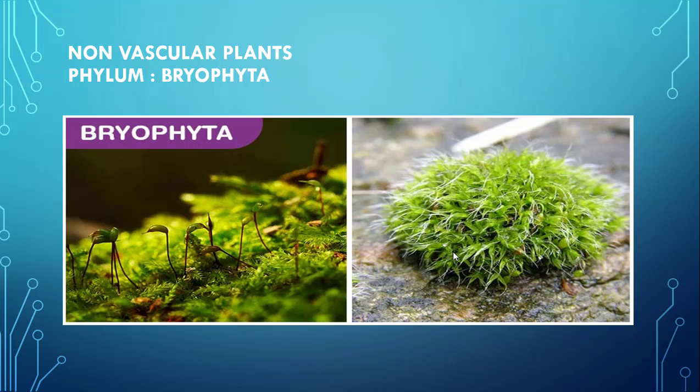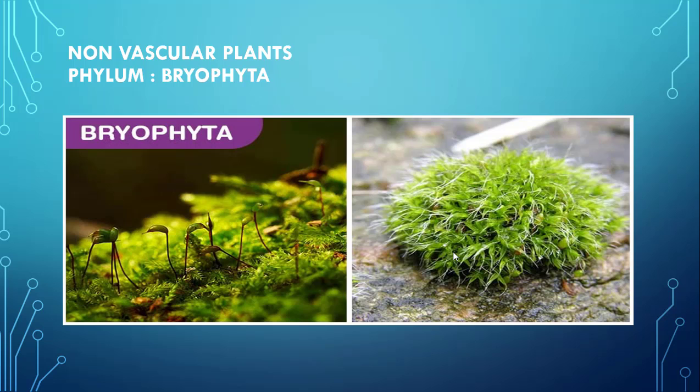Xylem is the vascular tissue which is responsible for transporting water and mineral salts from the root to the stem. Phloem is responsible for transferring the organic substances made during photosynthesis from the leaves to all parts of the body, like we studied in the first term.